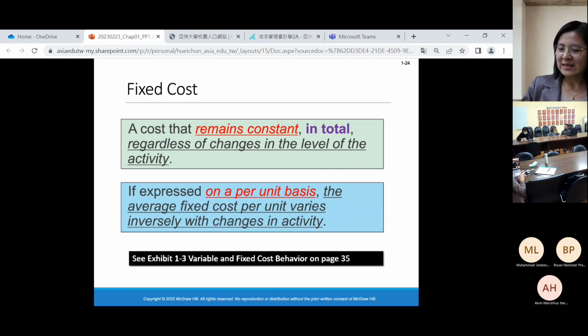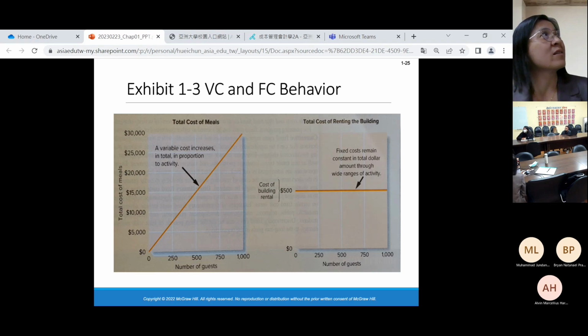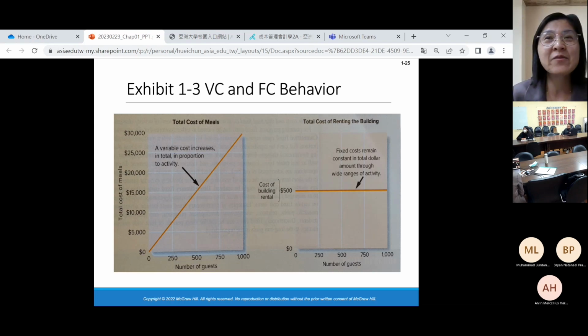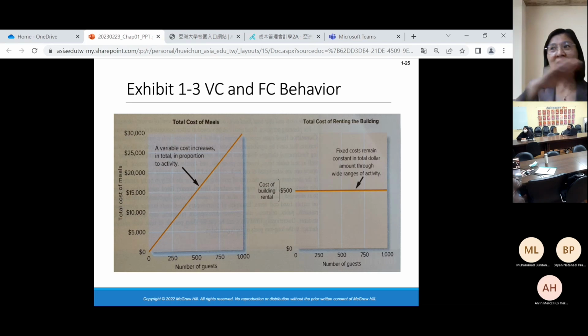So let's see Exhibit 1-3. Can you see what is the line for the variable cost and what is the line for fixed cost? The flat line is the fixed cost, right? It always remains the same.